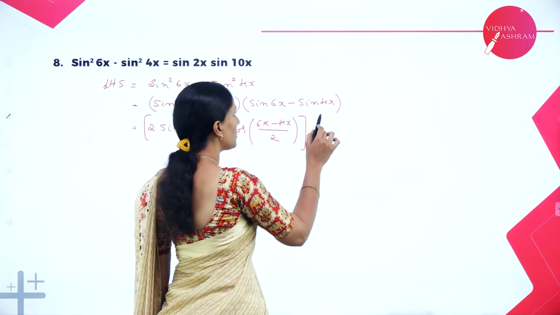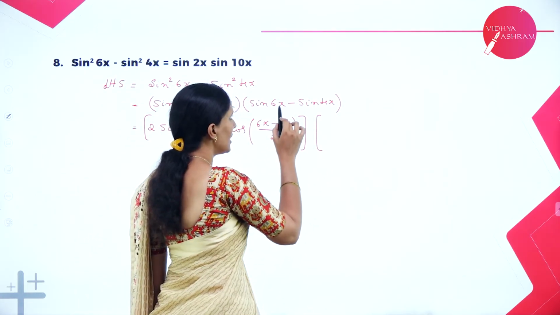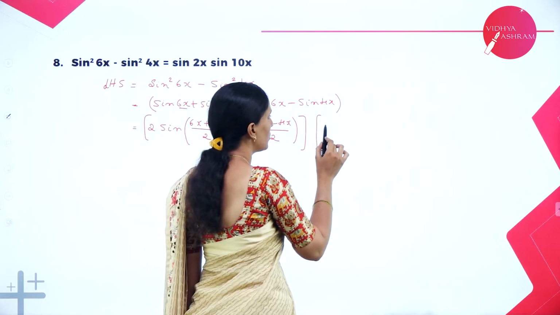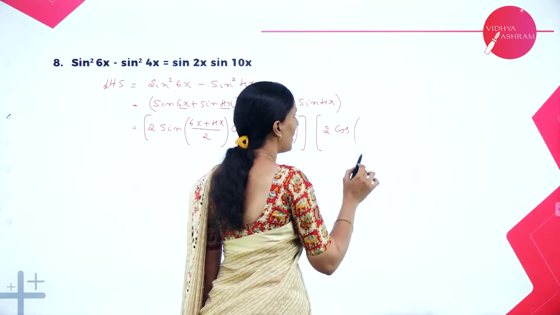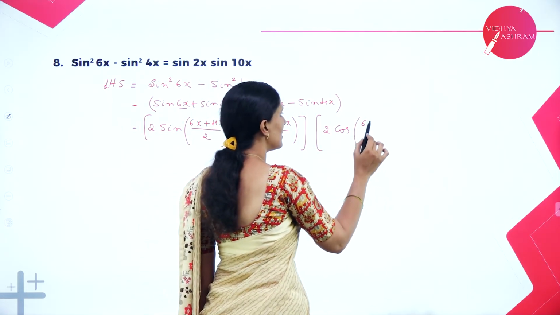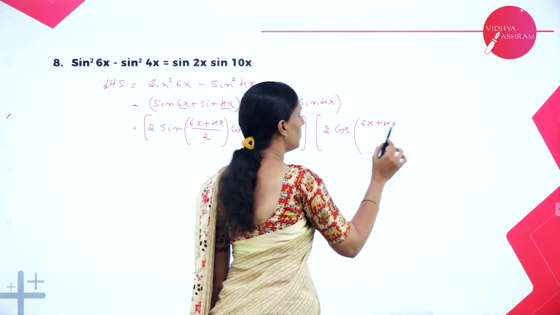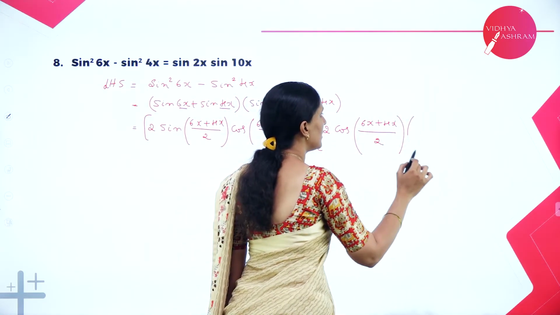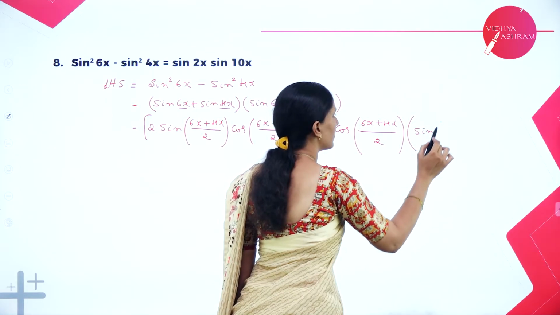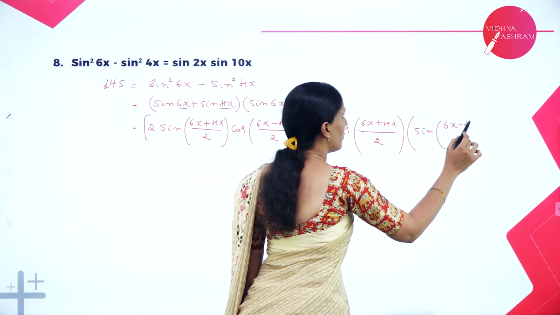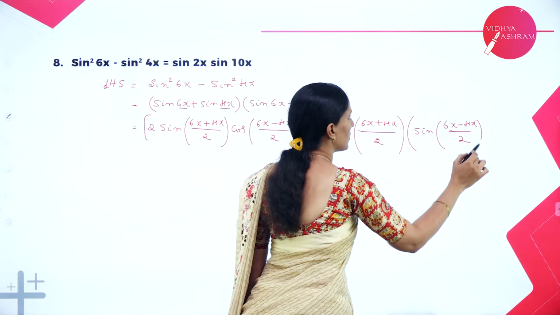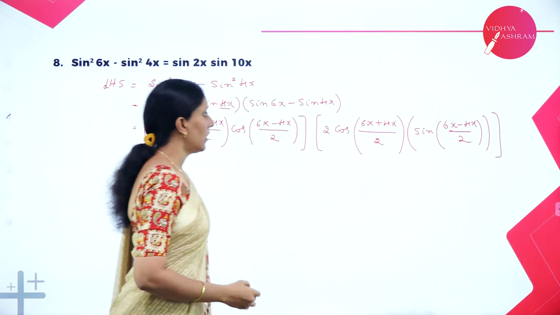And here we can use sin x minus sin y. Sin x minus sin y is 2 cos of x plus y by 2, that is 6x plus 4x by 2, and sin of 6x minus 4x by 2. Now let us solve this.